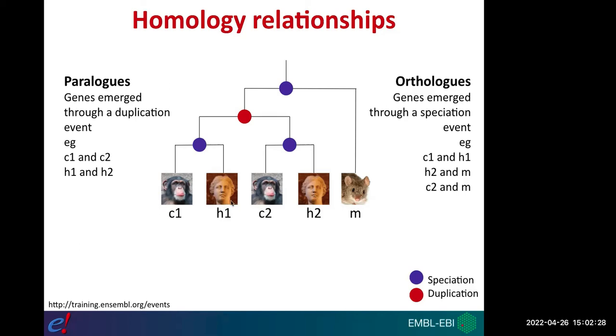You can see H1 is a gene in modern humans, and if you go back through the tree, you can see that H1 and H2 are linked with this duplication node here, a red node. So obviously in the common ancestor, there was a duplication of this gene that resulted in H1 in modern humans, and then the other duplicate formed H2 in modern humans.